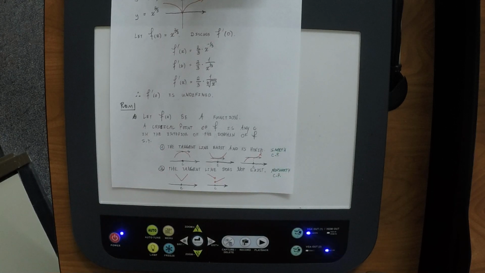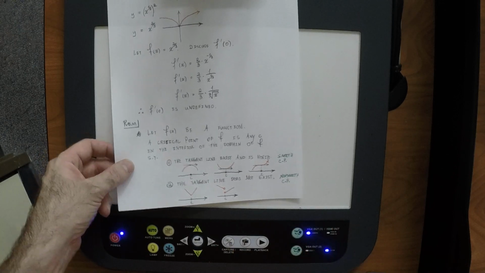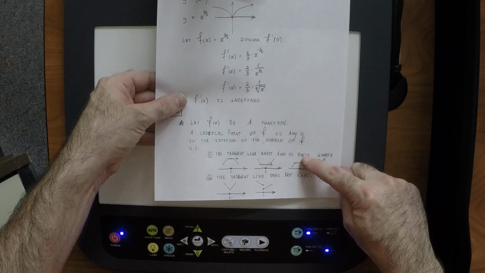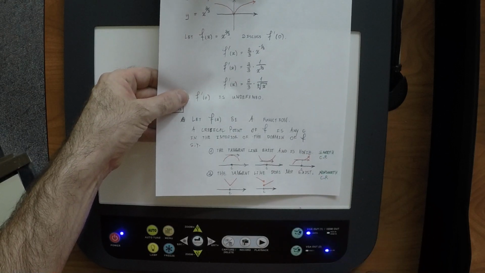In the language of 1325, it was probably something like the derivative either is 0 or doesn't exist. This kind is where the derivative is 0, and this one is where the derivative doesn't exist.